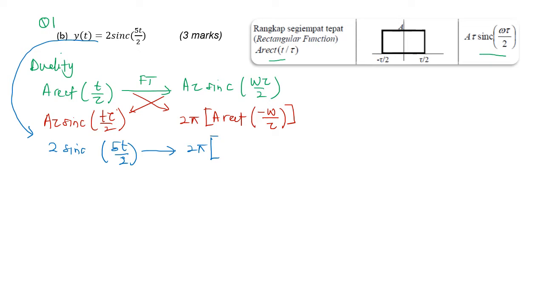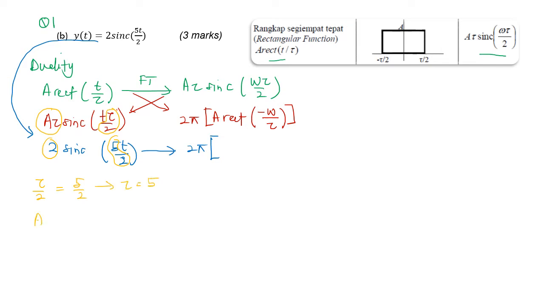In this case, take note that A tau equal to 2 and tau over 2 equal to 5 over 2. So tau equal to 5.